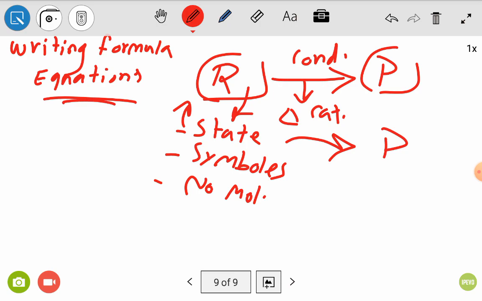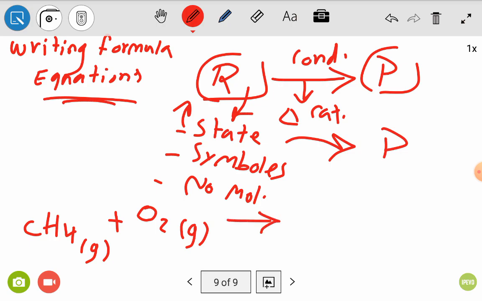For example, if I'm writing here methane gas CH4, the CH4 is supposed to be a gas, so we are going to clarify this by writing the G symbol in brackets, which represents that the methane is a gas, plus O2, that is the oxygen, and the state of the element is also gas.